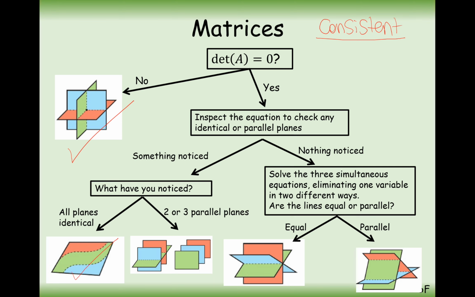This diagram here is consistent because there is more than one point at which all three planes intersect. These planes here are not consistent. These planes here are consistent because there is more than one point at which all three planes intersect. And this plane construction here is not consistent because there is not a single point at which all three planes intersect.